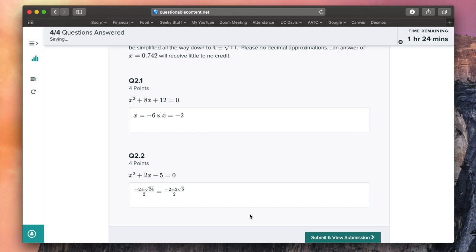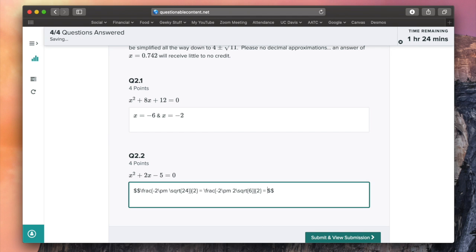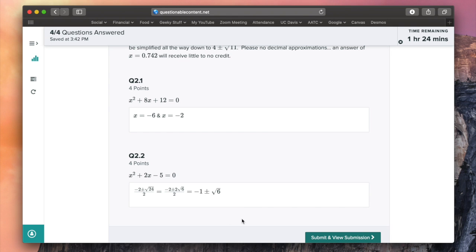If we click off of that, it looks like that, and then we divide each thing by 2. So our final simplified answer would be negative 1 backslash PM for plus minus, backslash SQRT of 6. And that's our final answer, negative 1 plus or minus root 6.